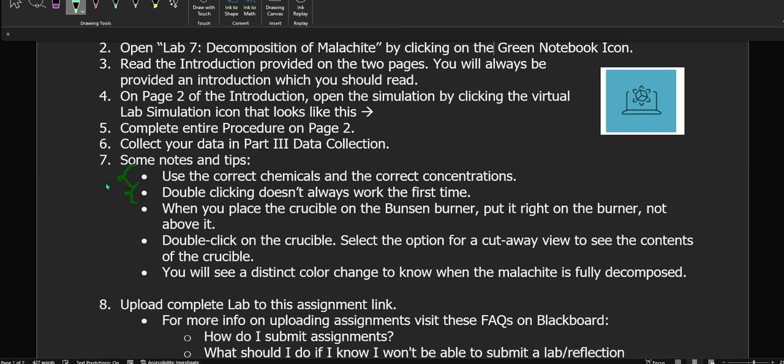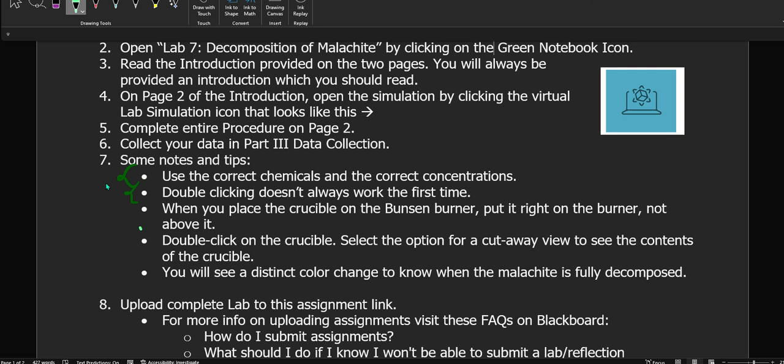Remember that the lab simulation system is kind of finicky. Double clicking may not always work the first time, but it's okay. Be patient. Try it again. When you place the crucible on the Bunsen burner, remember to place it directly on the burner, not with space above it.